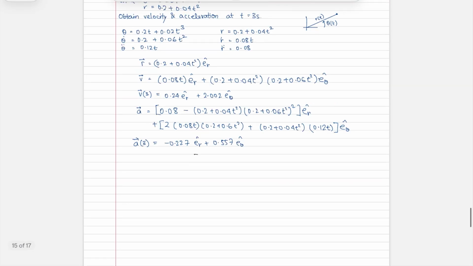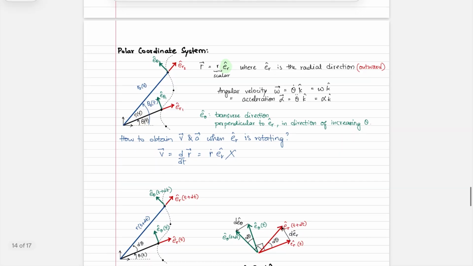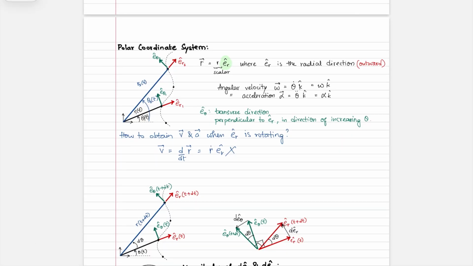Okay, so we looked at polar coordinates where now our unit vector is rotating with this angle theta. And by knowing theta and the distance from that reference point, you can define the position of the object or the particle that is being tracked. And so you have r changing as a function of time and theta changing as a function of time.